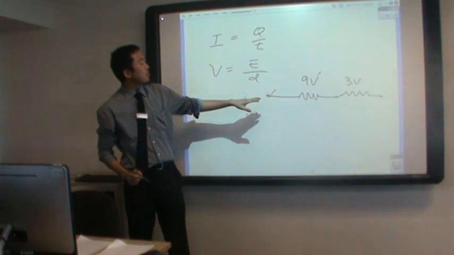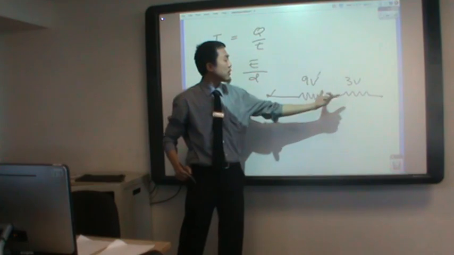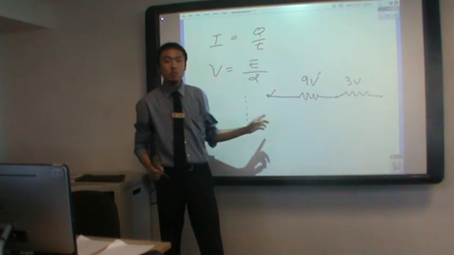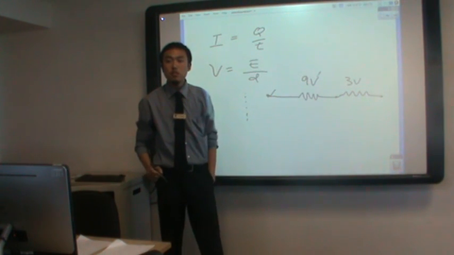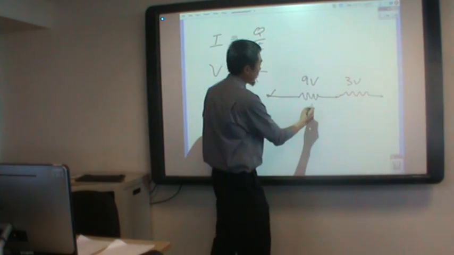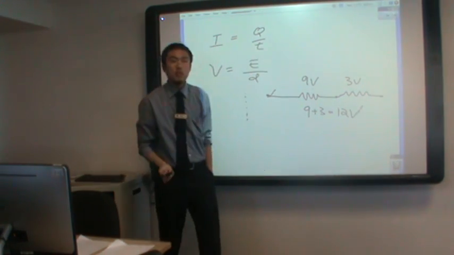So imagine halfway through a calculation of their circuit, they've got a situation where there's 9 volts here, 3 volts here, and I ask them, what's the total voltage across this part of the circuit? And they can work out, okay, it's 12 volts. Makes sense.